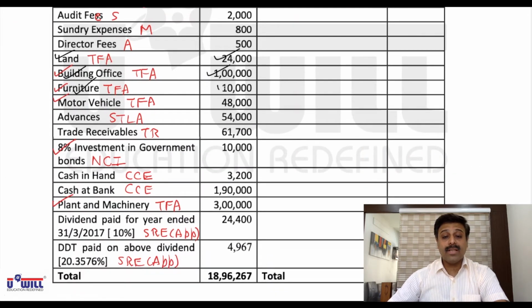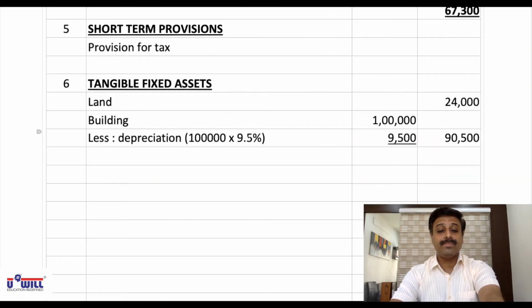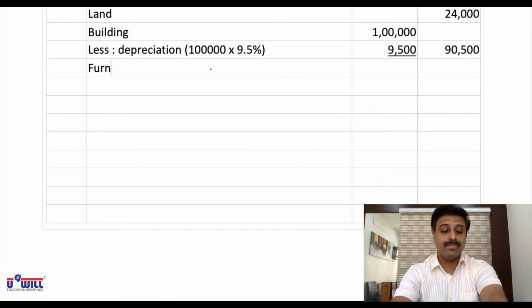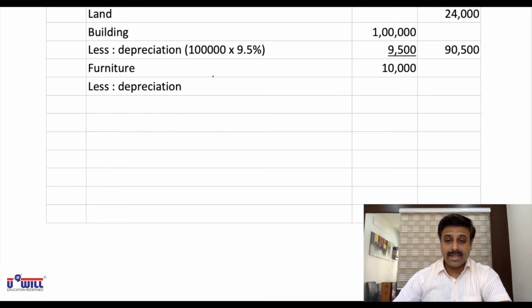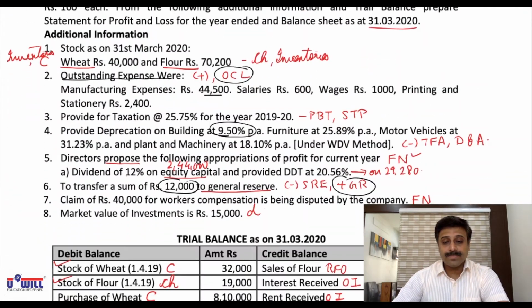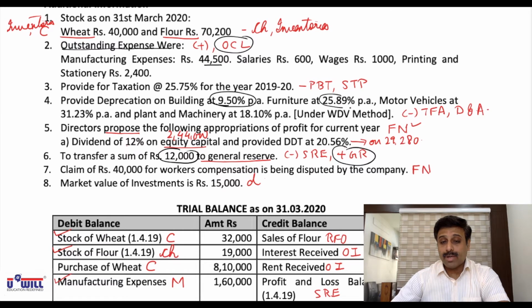Then after building we have furniture 10,000. So furniture 10,000 in inner column. From that again we'll subtract depreciation. Now furniture, what is the rate of depreciation? 25.89%.